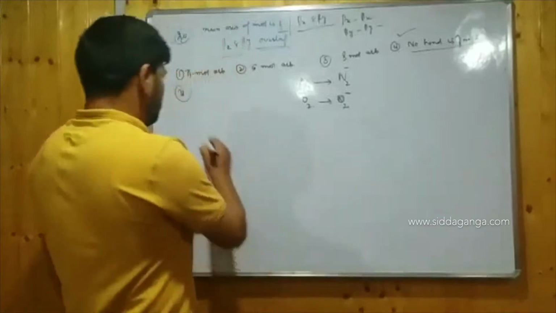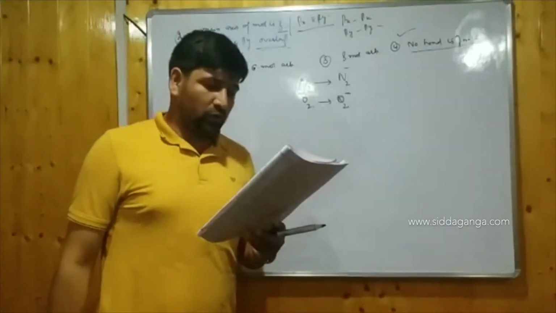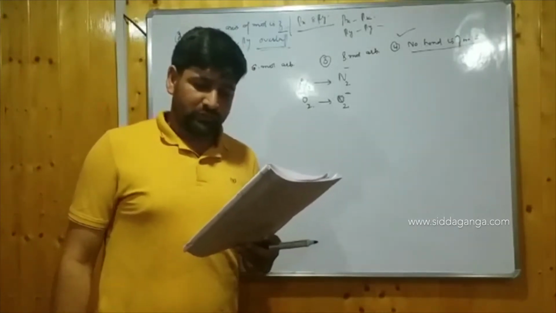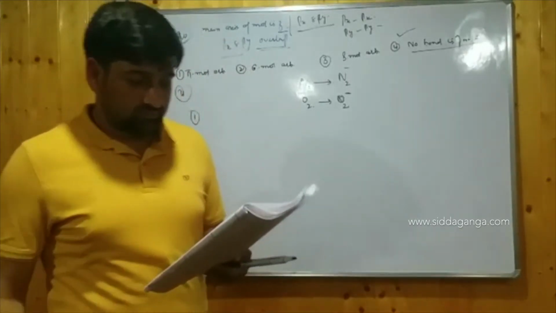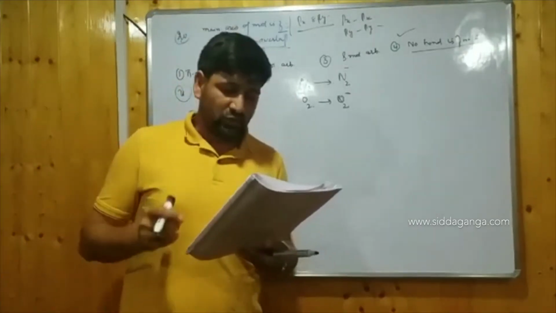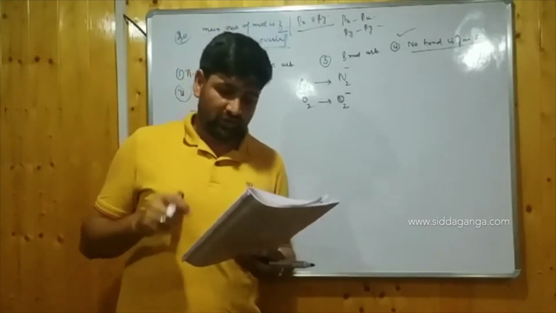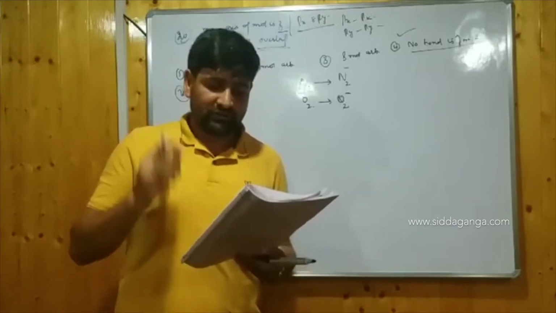So out of the given question, which statement is wrong? So options are: in O2 minus, bond length increases. Option 2, N2 minus becomes diamagnetic. Option 3, in N2 minus, the NN bond weakens. And option number 4, in O2 minus, the OO bond order decreases.